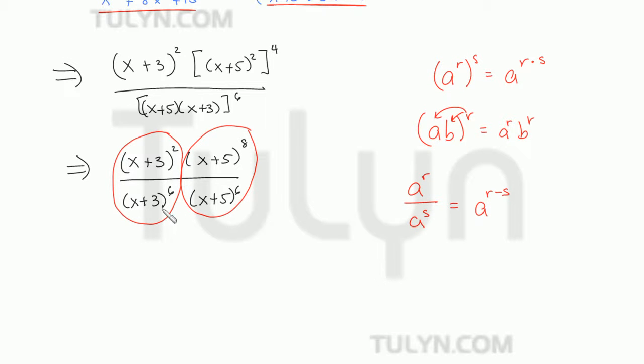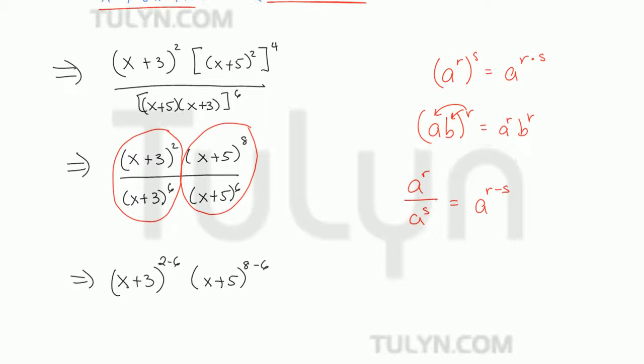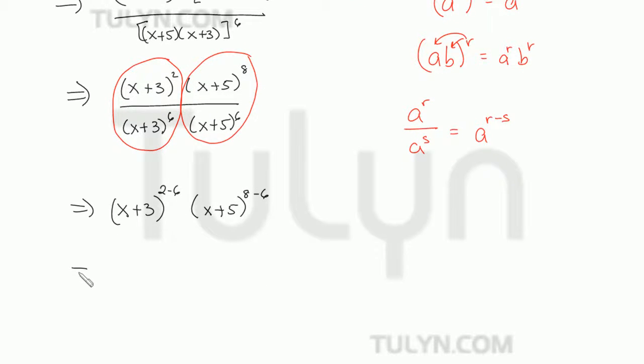So now we rewrite this as (x plus 3) to the 2 minus 6, times (x plus 5) to the 8 minus 6. So finally, this becomes (x plus 3) to the negative 4 times (x plus 5) squared.